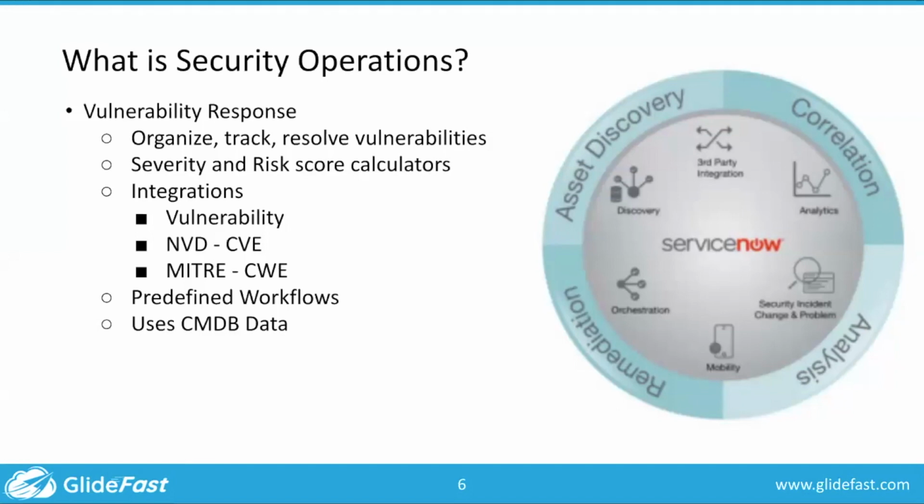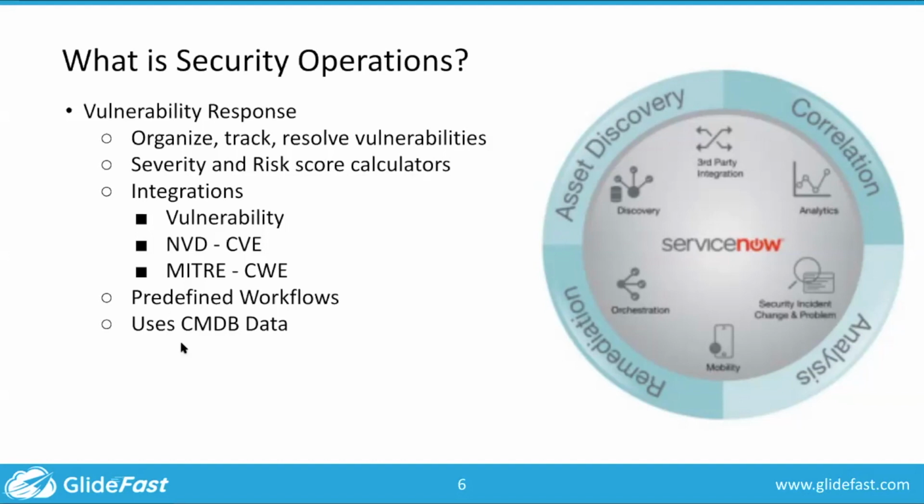Vulnerability response also has the ability to integrate with your vulnerability scanning system like Qualys and pull that data in. There are also not only inbound data integrations, but also outbound integrations to schedule a security scan, and when it performs that scan, it can update the data in vulnerability based on the outcome of that scan.